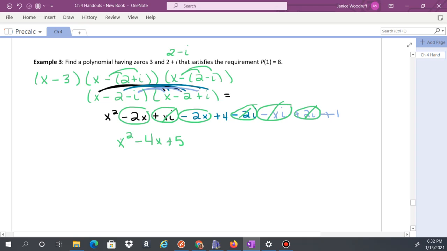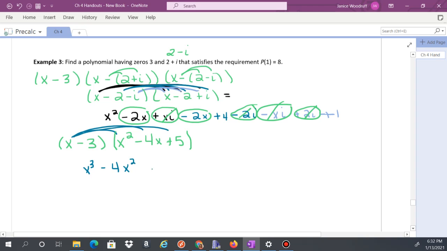All right. Then I am going to multiply this with the x minus 3. And this time, because I don't have any of the i's or anything, now I can line this one in rows. Okay, so we've got x times x squared, that's going to be an x cubed. Then x times negative 4x gives us a negative 4x squared.